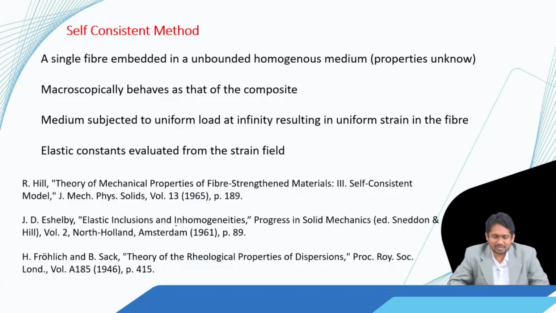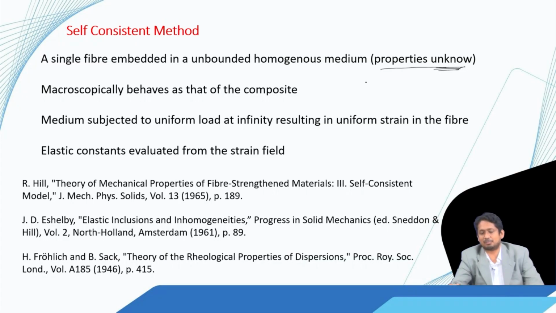There is something called the self consistent method. In the self consistent approach, we assume that there is a fiber embedded in an unbounded homogeneous medium, and we do not know the property of that medium, because we assume that the medium itself has the property of the composite, which is our desired property, something that we want to find out.